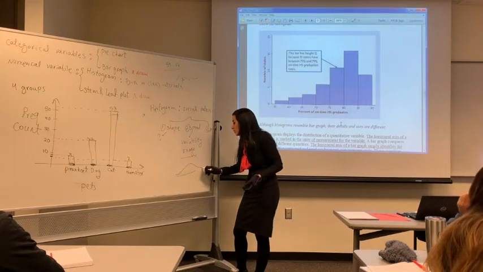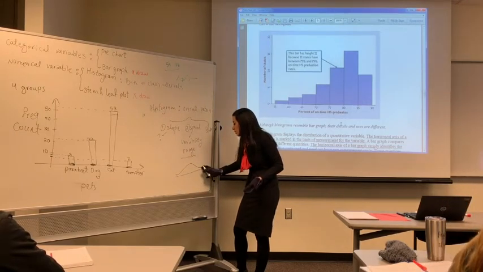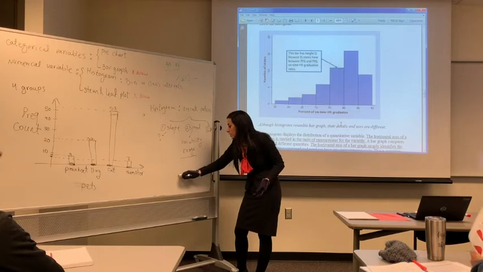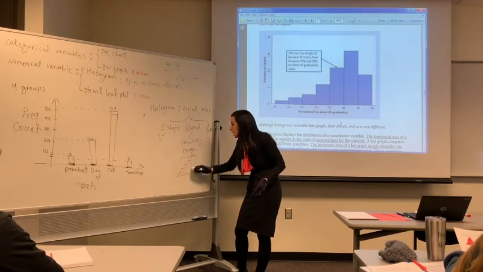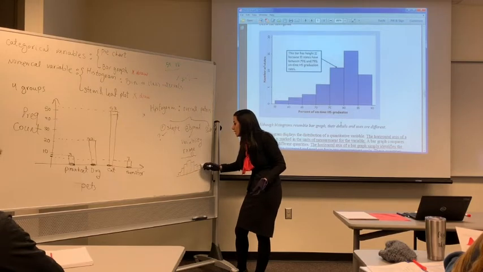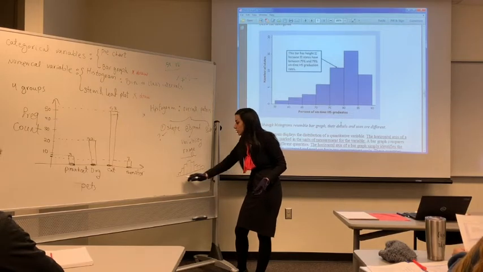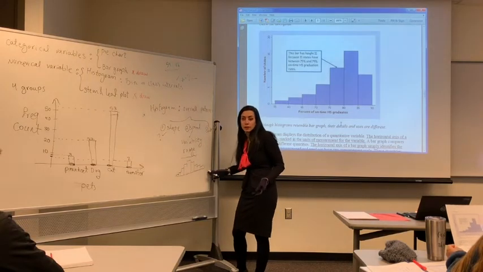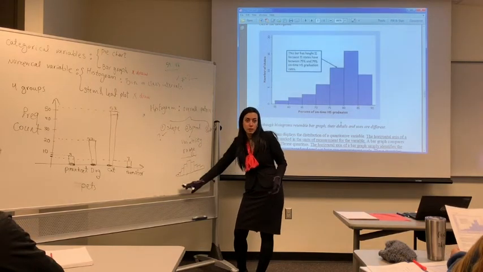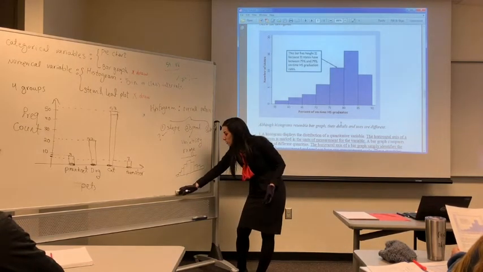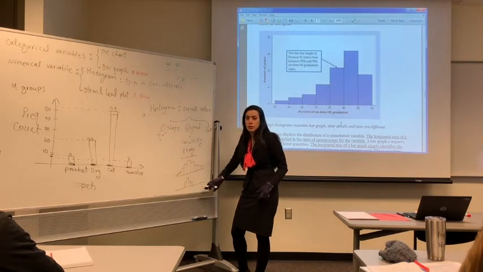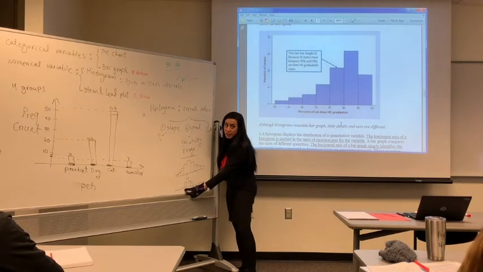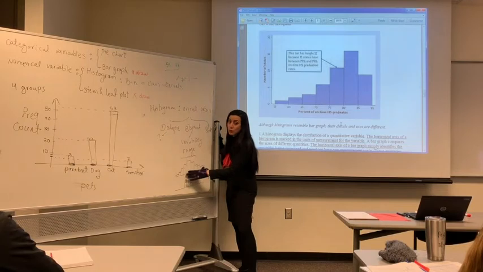So look, some histograms have a wider range. So the minimum to the maximum is wide, okay, on the x-axis. Some other histograms don't have a wide range. Compare these two. So this has a narrower range, correct? This one has a wider range.